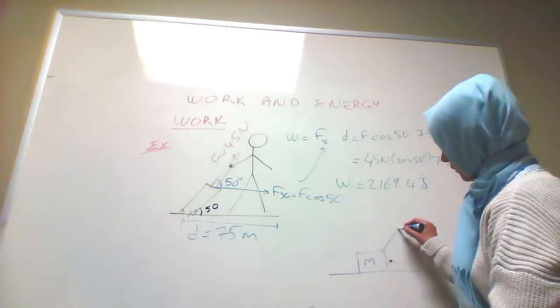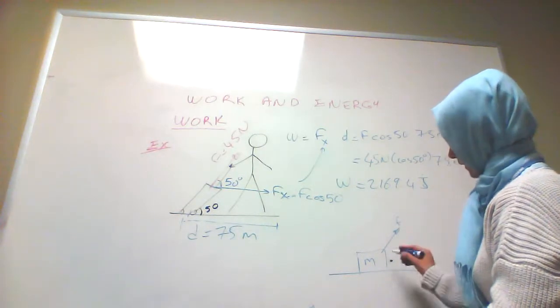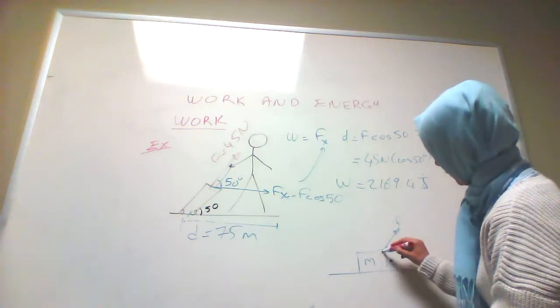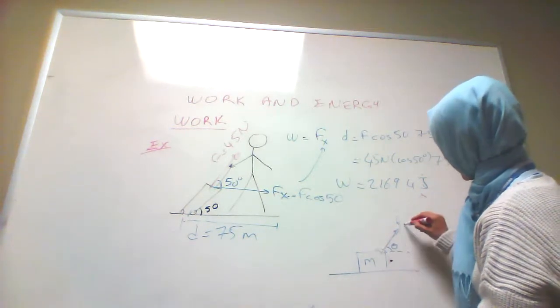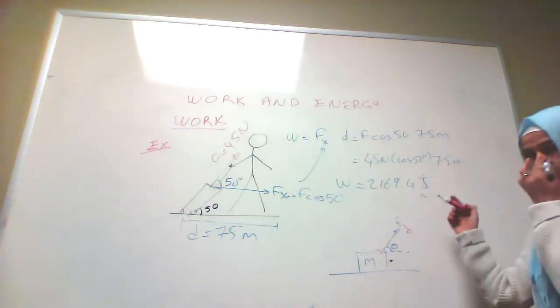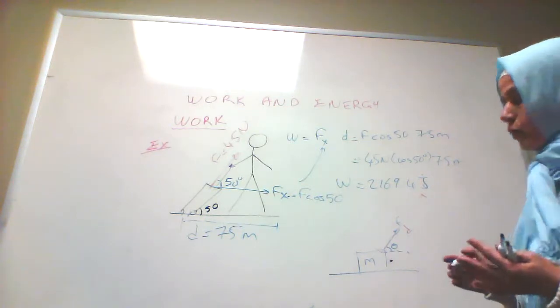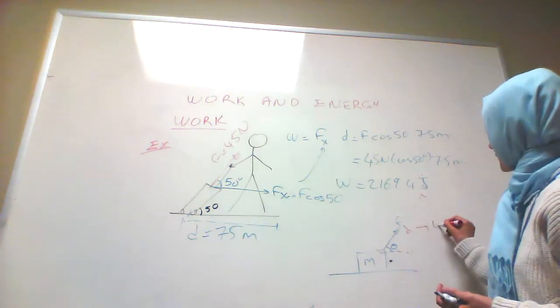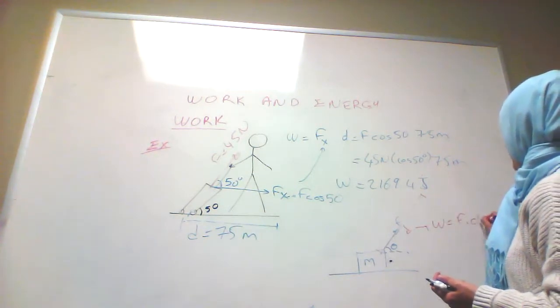If I applied a force to this object with an angle theta, but the object moves along the force distance, then both components of this force are doing work. The object is moving along the force, so work is still equal to F times D.